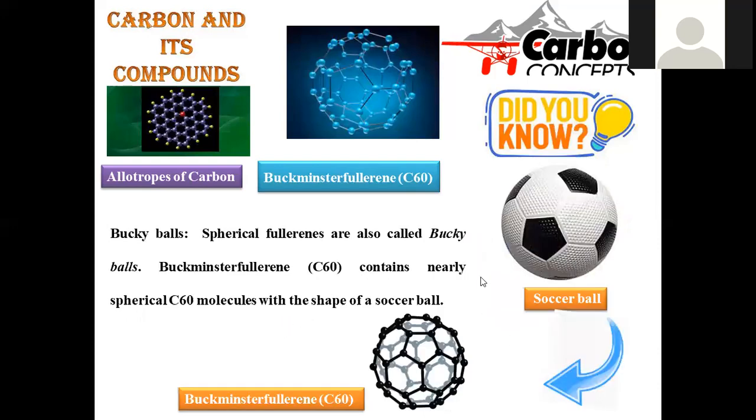Spherical fullerenes are also called buckyballs, Buckminster fullerene C60, because 60 carbon atoms are arranged in a soccer ball type of model. Just as a soccer ball is represented, this buckyball also has hexagonal and pentagonal moieties extended in such a manner, just like a soccer ball.